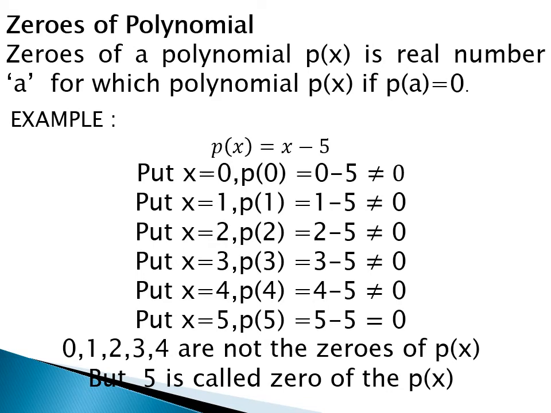When we put these values in this polynomial, we do not get the value of the polynomial as 0. But when we put the value 5, we get the value of the polynomial as 0. So p of 5 equal to 0. So 5 is called a zero of p of x.